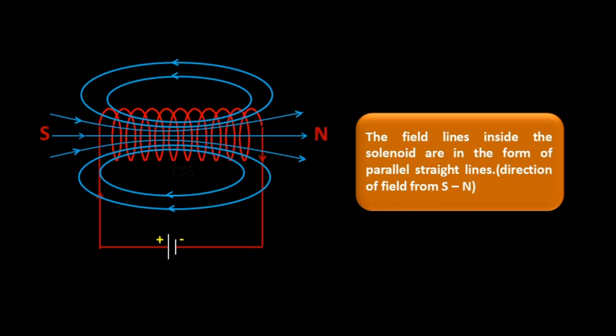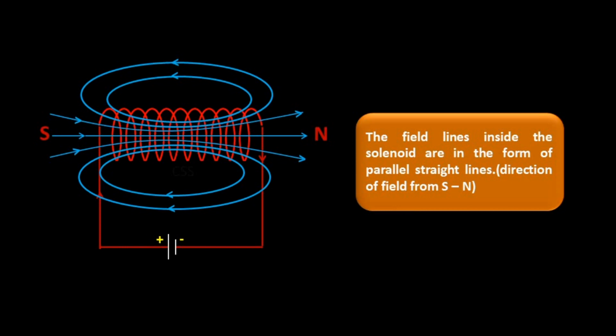So these magnetic field lines are almost parallel, and the direction of the magnetic field lines inside the solenoid is from south to north.